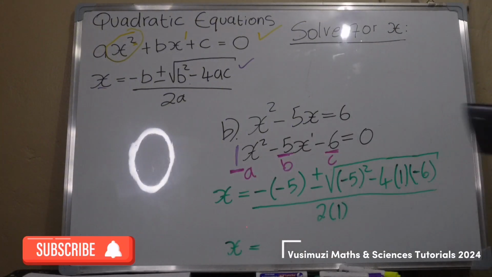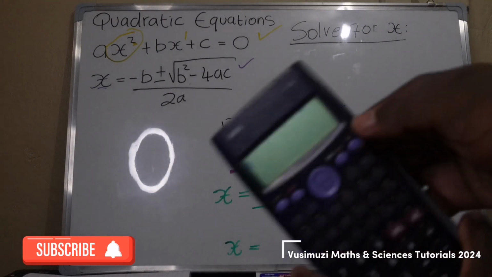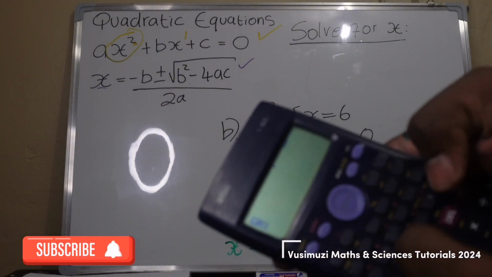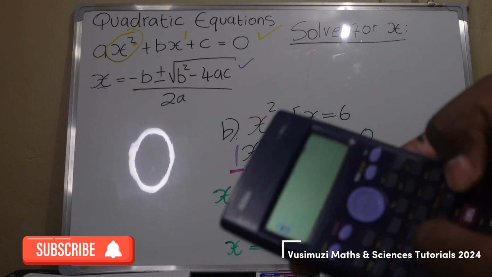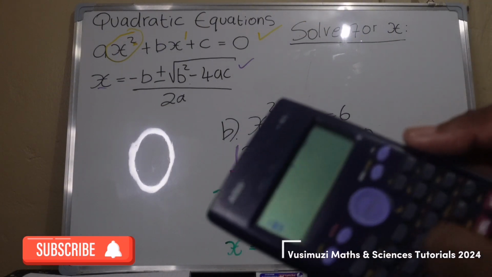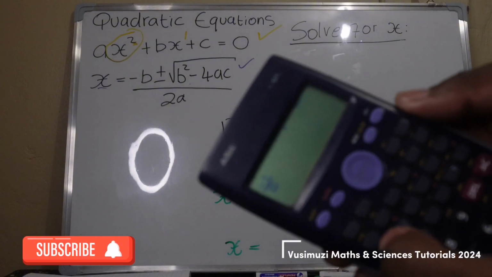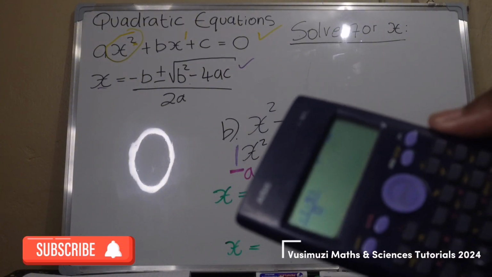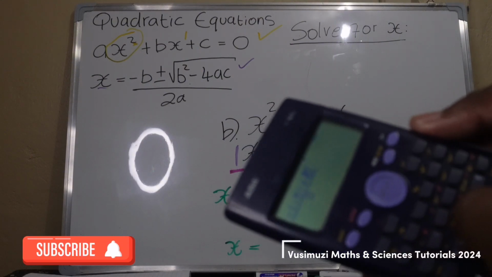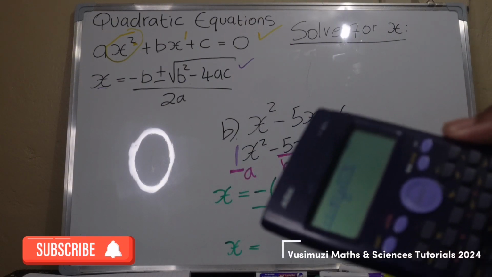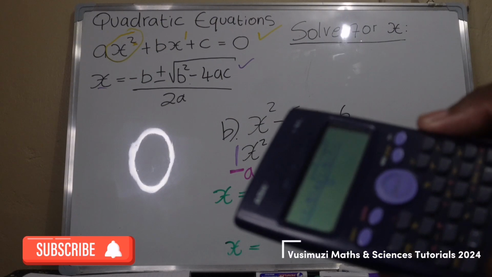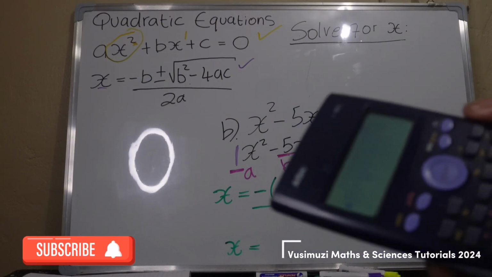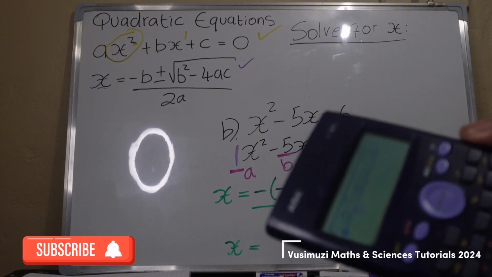You go back to your calculator. Guys, you say fraction, minus, and you must just put minus there. You open a bracket, negative 5, close bracket. I start with positive plus square root, open bracket, negative 5 squared minus 4, open bracket 1, close bracket, open bracket, negative 6, close bracket.